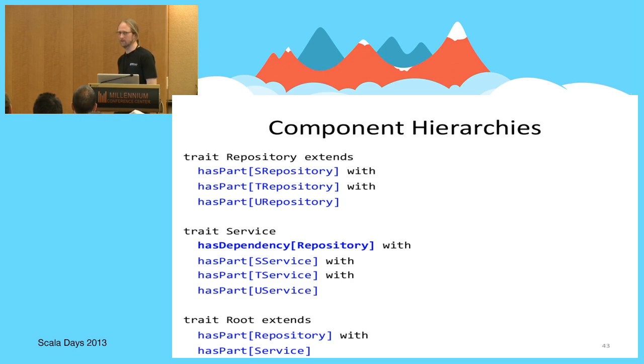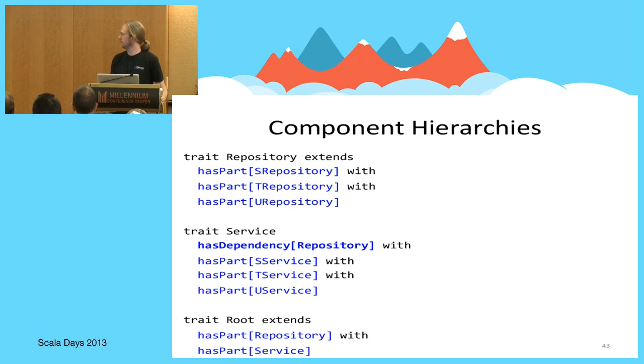There are 2 ways that it can do that. It can either repeat the self-type, or it can extend the U repository, essentially satisfying that dependency. So that's exactly what service does here when it declares a dependency on the repository. It's saying, because the repository component is a U repository component, it satisfies that self-type.